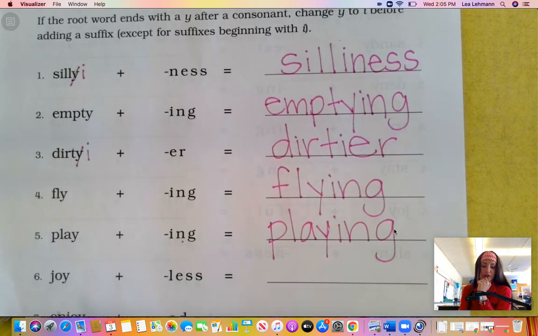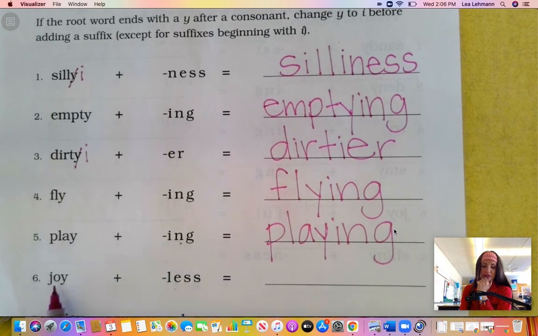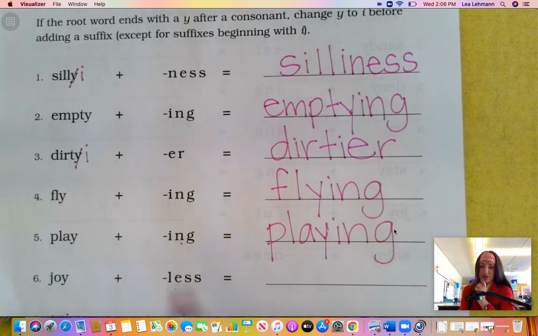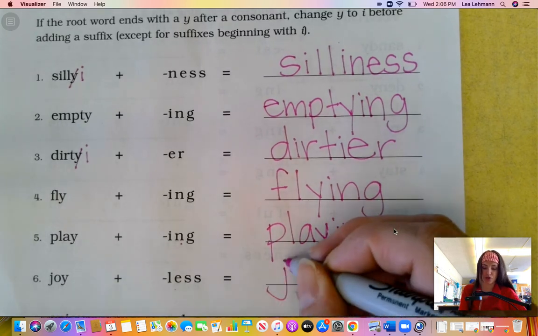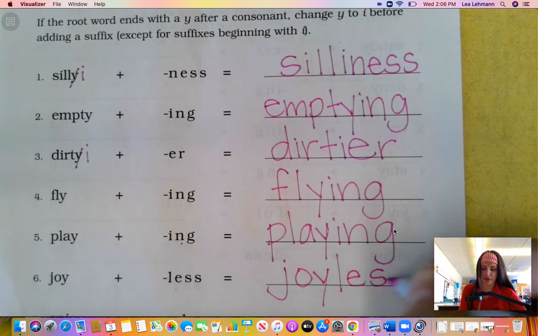This next one, joyless. Does it end with a consonant Y? No, it does not. So I just add joy and less together. Joy, less. You see how I'm still making my letters nice and neat? Second graders have nice and neat handwriting, even if we're doing a worksheet.